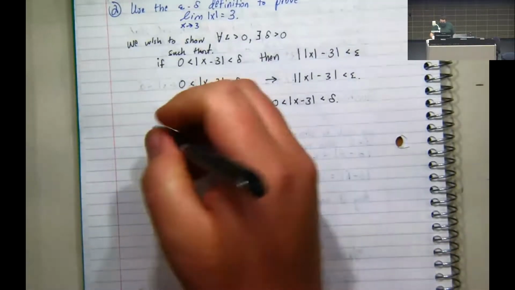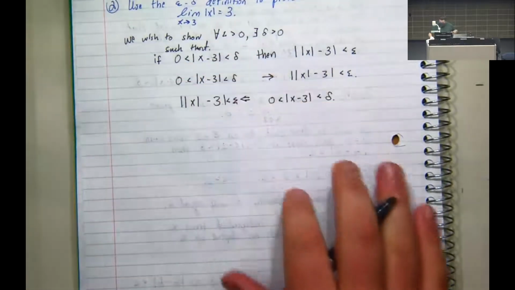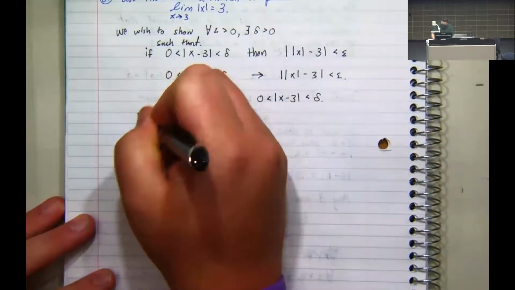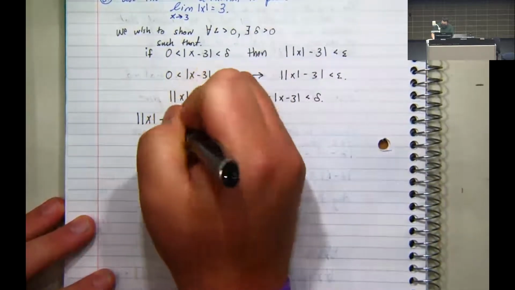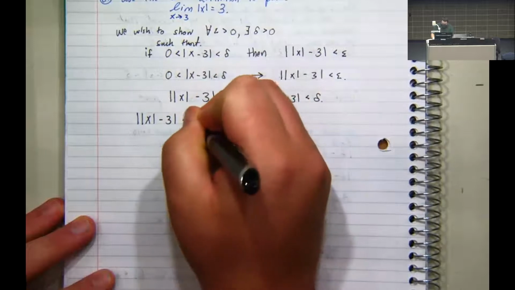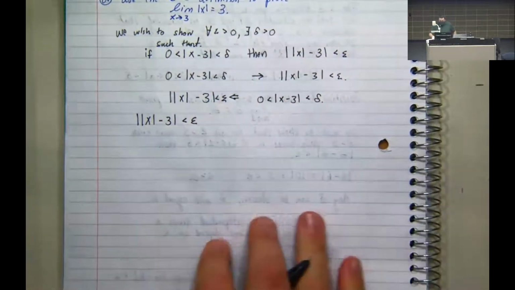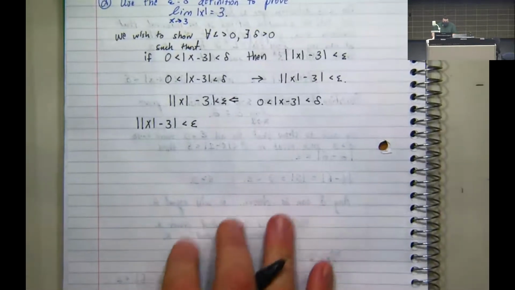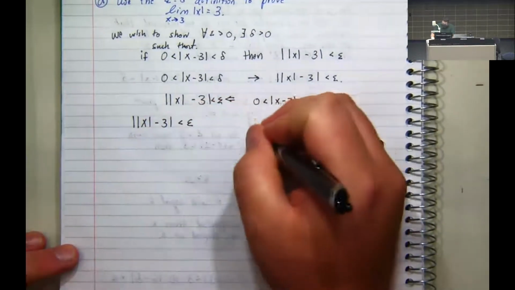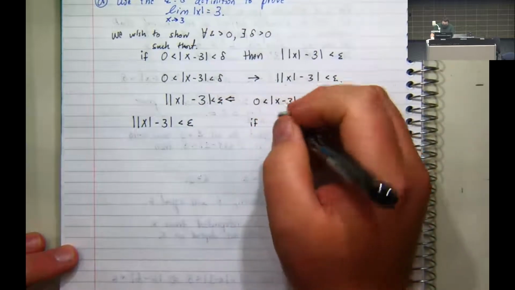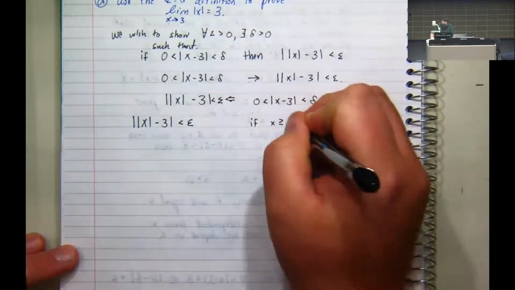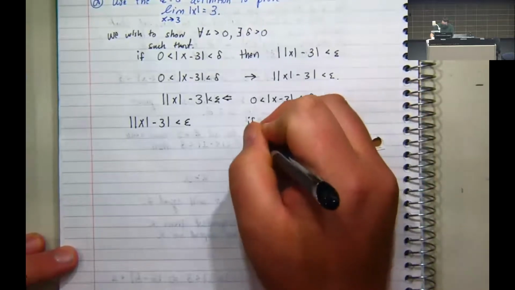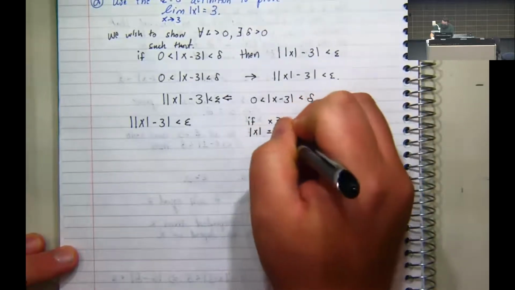So let's go ahead and do that. We're going to start with ||x| minus 3| is less than epsilon. Basically what we're going to do first is, just as an aside, if x is greater than or equal to 0, then we can say that |x| is equal to x.